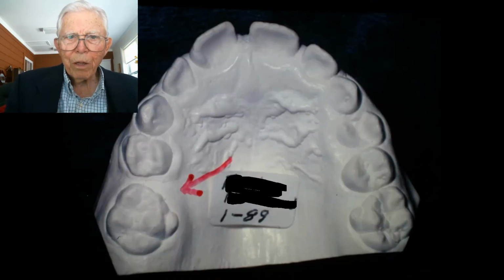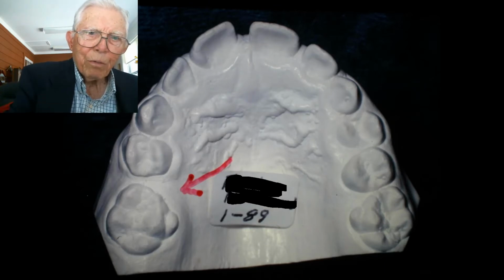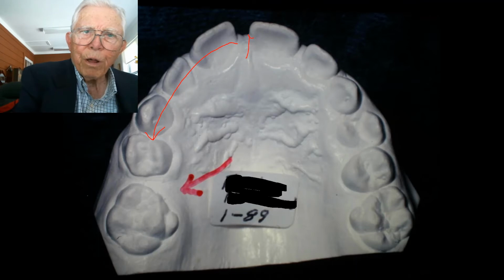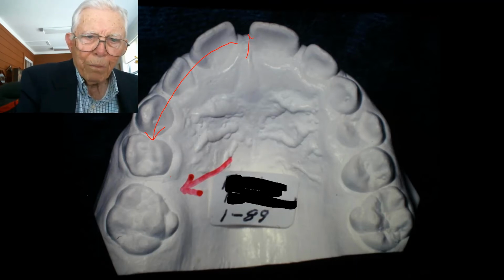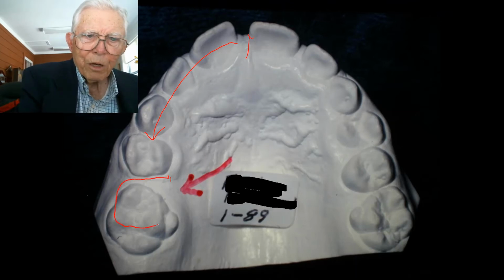So here, you can look at it from the inside. These teeth right here have drifted in a distal direction simply because this baby tooth, the second deciduous molar that's set in here somewhere, is gone.